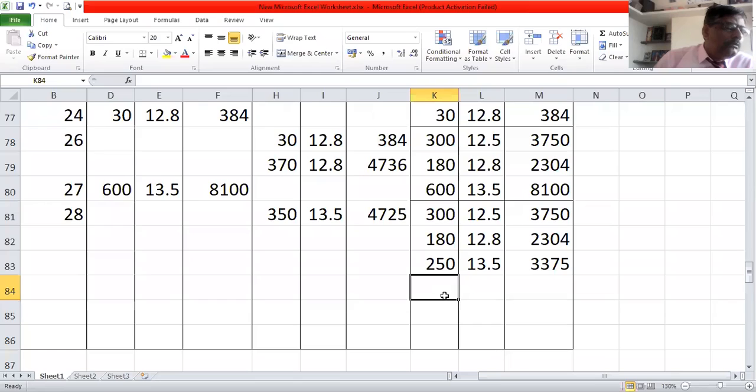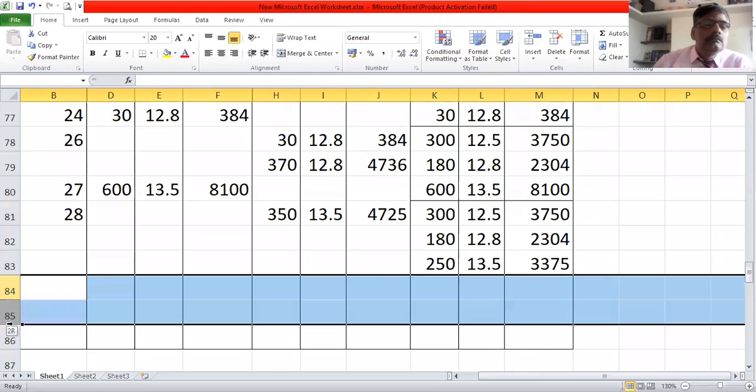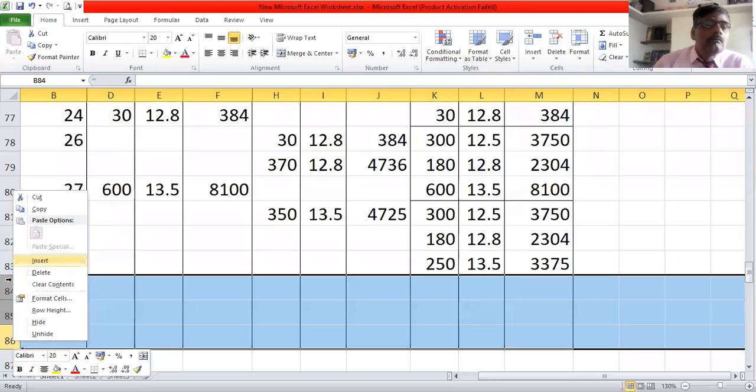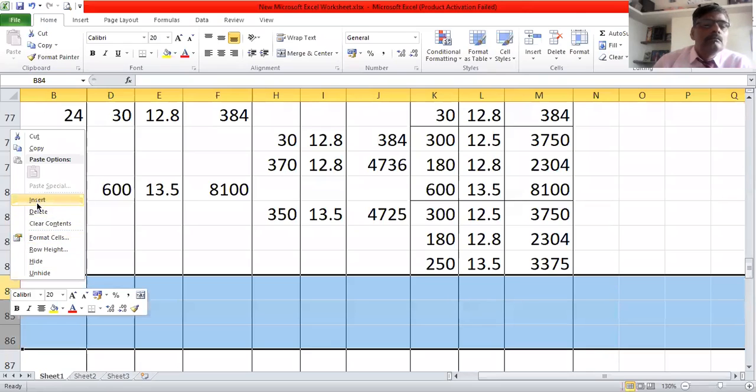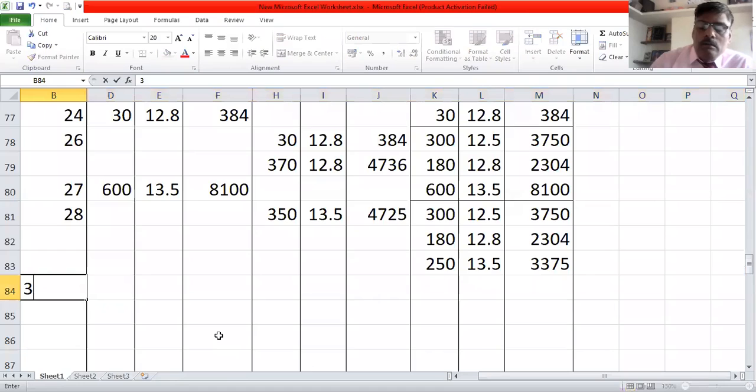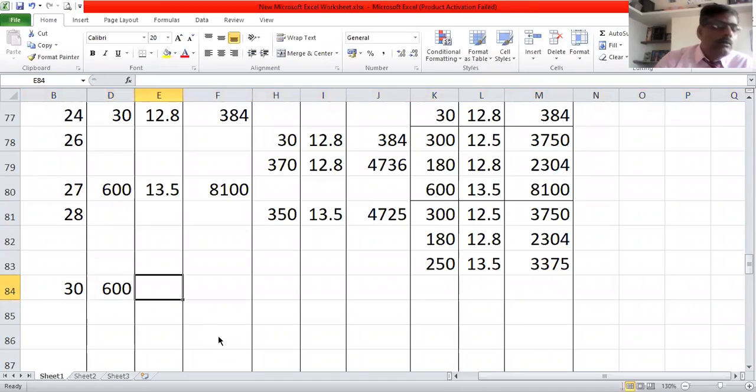Next is 30th. 30th date, there is a purchase. Purchase is 600. In the receipt column, you write 600. Rate is 13.60. Multiply these two. 13.60 into 600.